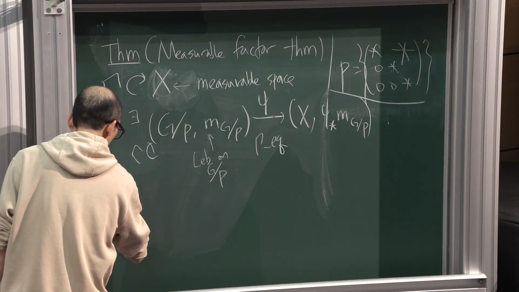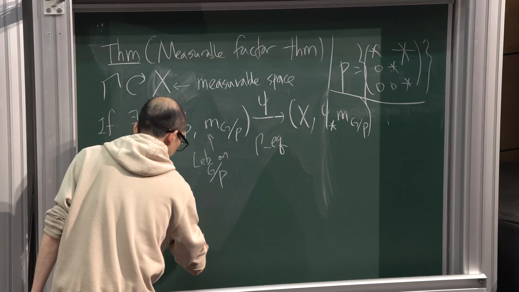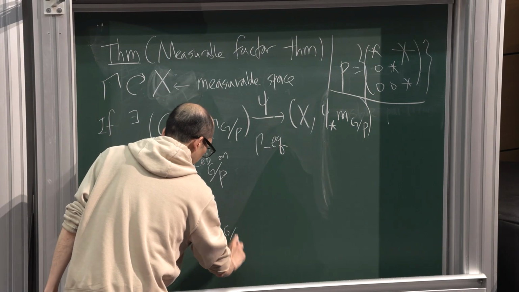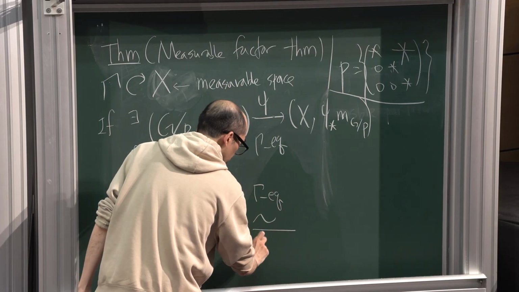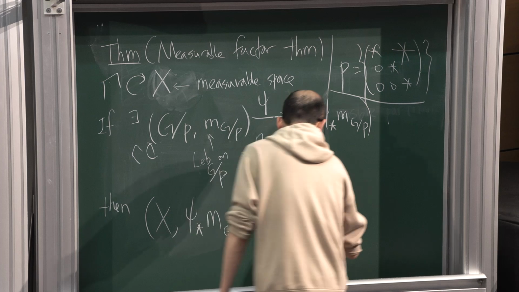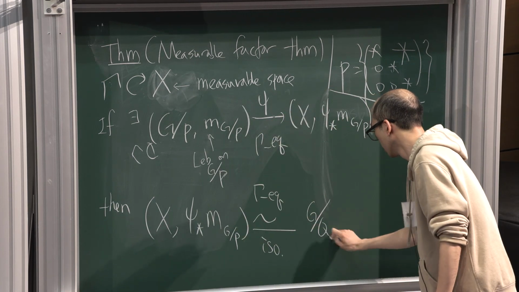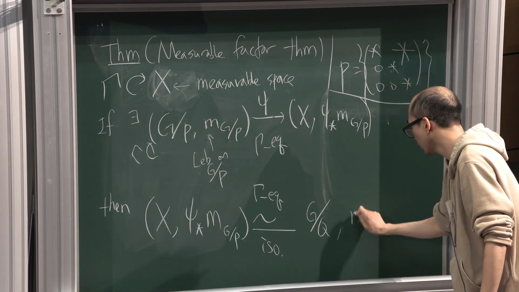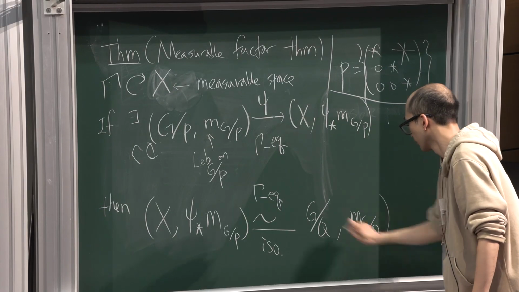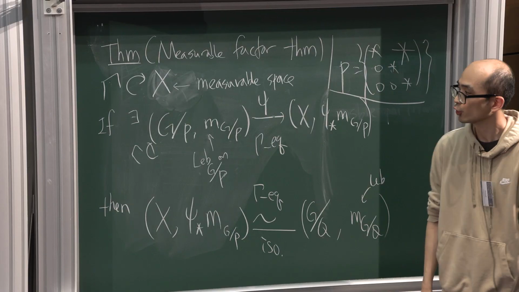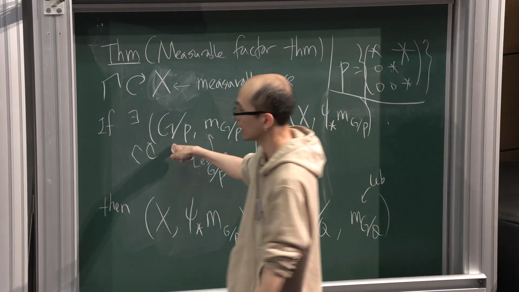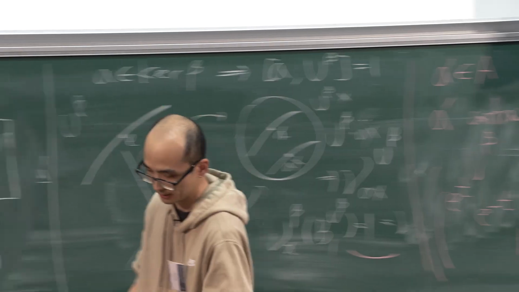Then X with the psi star m g mod p is gamma-equivariantly measurably isomorphic to G mod Q, with, again, a nice space, so you have a Lebesgue measure. So you can classify all measurable factors, or measurable gamma factors, of G mod P.